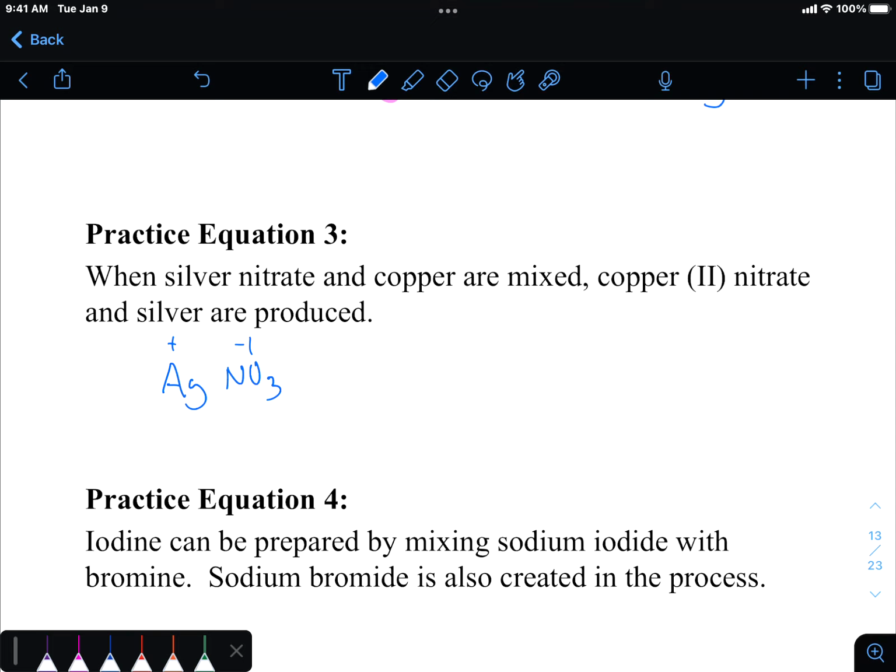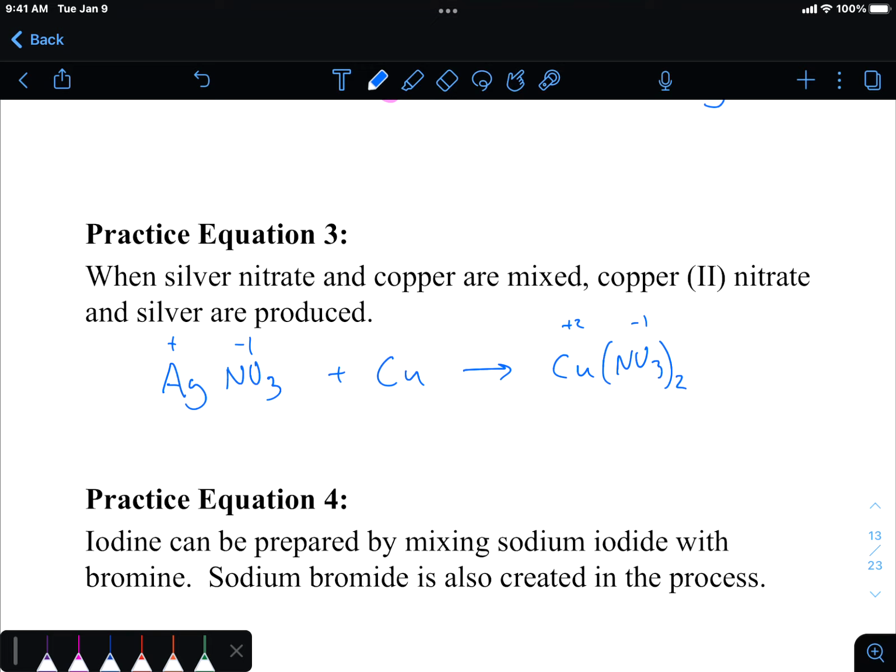So we're reacting silver nitrate with copper. And it's just copper, right? It's not a compound, it's just the element. And so if it's just the element, you just write the symbol for the element. We're going to get copper 2 nitrate and silver. So copper, charge of 2, nitrate, the -1. So to make that formula work, we have to have 2 nitrates.